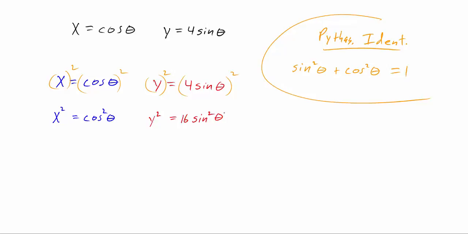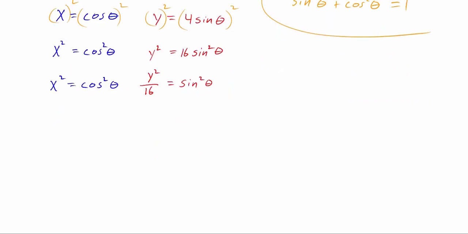And now we want to get rid of the 16, so we can divide that away, so we would end up with y squared over 16 is equal to sine squared theta.